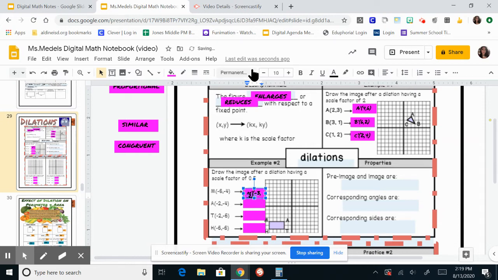I'm just going to adjust it so you can see it all in one. Let me enlarge the rest because I know that's going to be an issue. Sorry. Okay. So with A prime, I am going to do the same thing. I'm going to dilate, or multiply, by half. Half of negative 2 is negative 1, and negative 4 times 0.5 is negative 2.